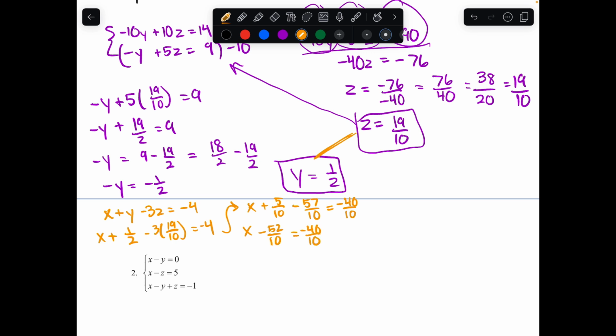Now I can add 52 tenths over to the other side, and we're going to get x is equal to 12 tenths, but we can simplify that down to 6/5. And so we get a final answer of 6/5, 1/2, and 19 tenths.